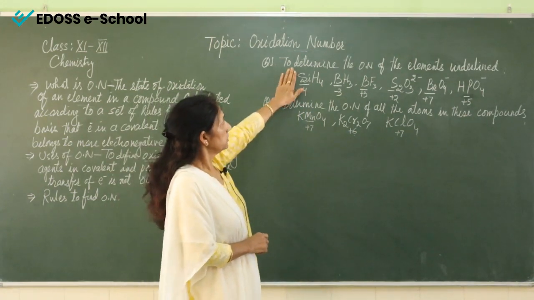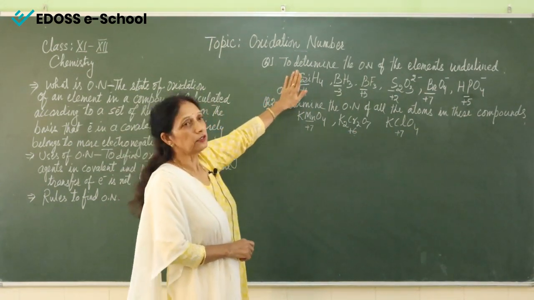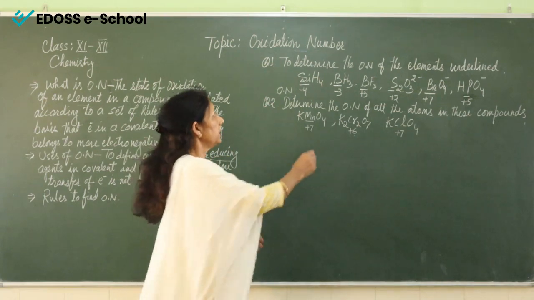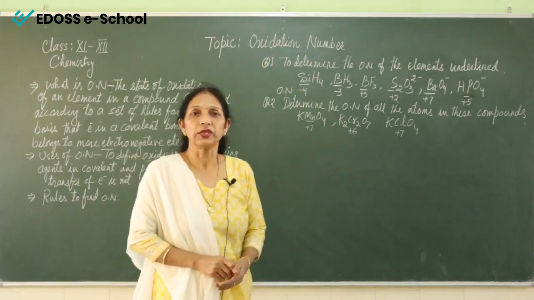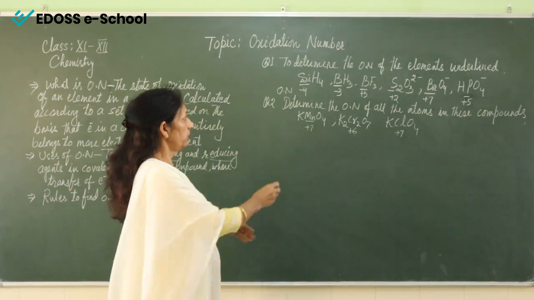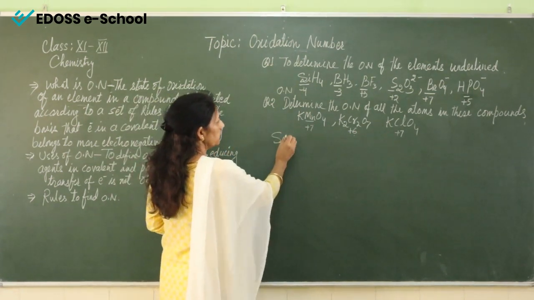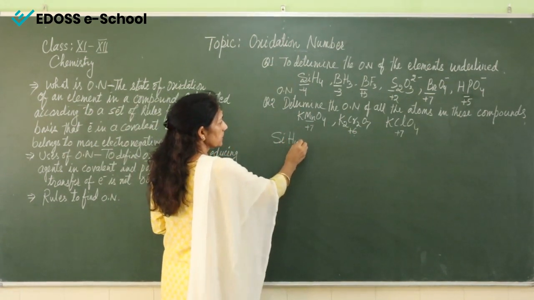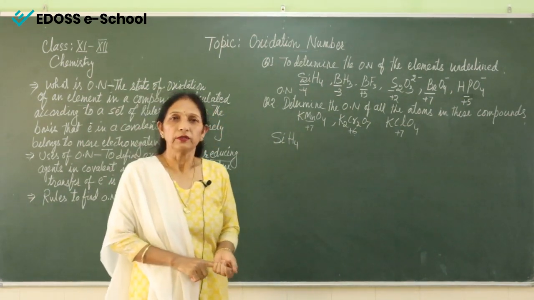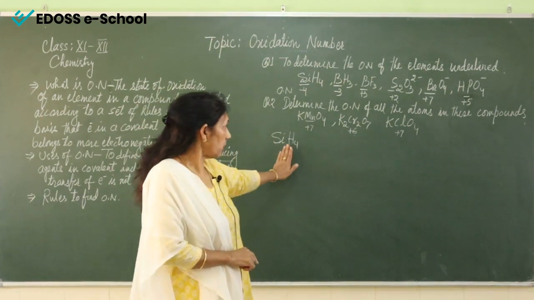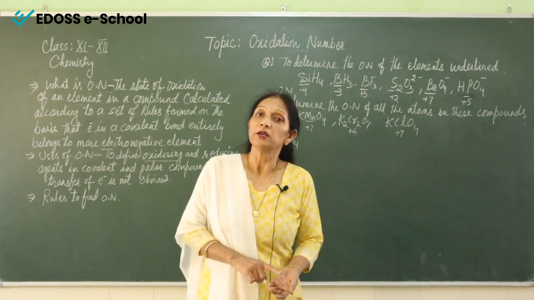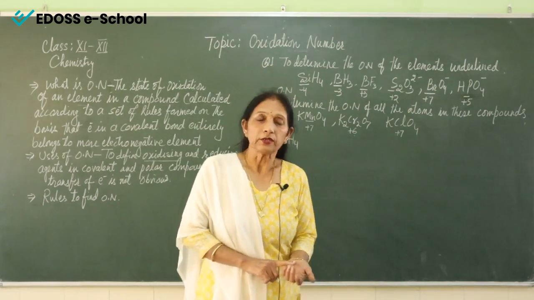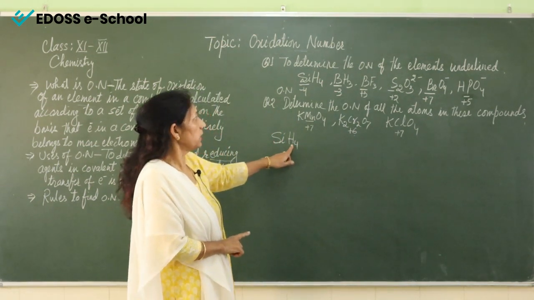See here, this is silicon hydride, and if we want to find out the oxidation number of silicon, we will write silicon hydride like this, SiH4. Remember that hydrogen has oxidation number plus 1.